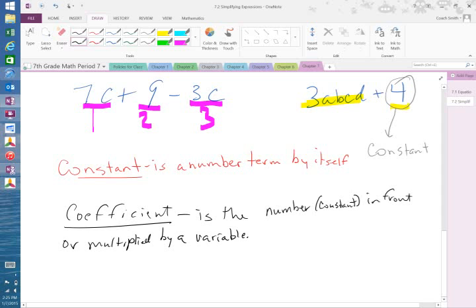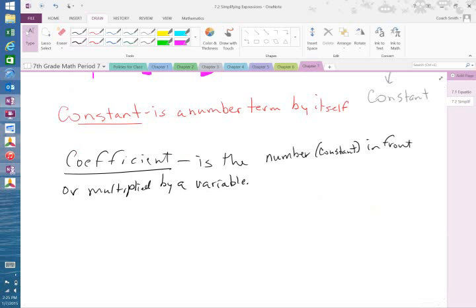Some people call them numerical coefficients, because there are different types of coefficient. But for our purposes, we're going to call it a coefficient. The coefficient is the constant or the number that is in front or multiplied by the variable.